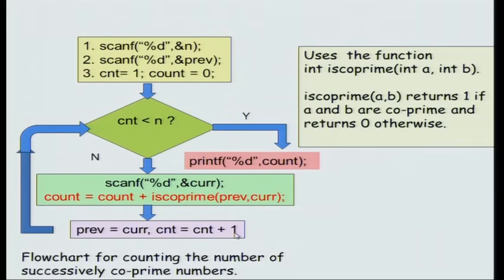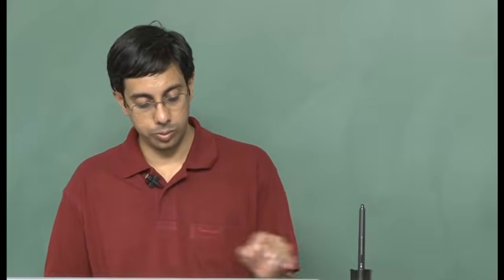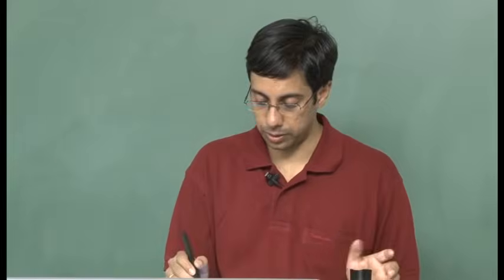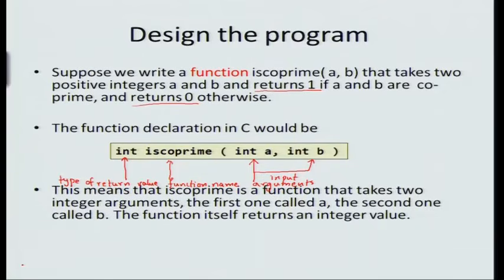Then you indicate that you are going to read the next number. This is similar to other problems where we scanned a bunch of numbers and computed some function based on that. The new thing here is the is co-prime function, which we just assume is correctly written and does what it is supposed to do. So this is the function declaration.